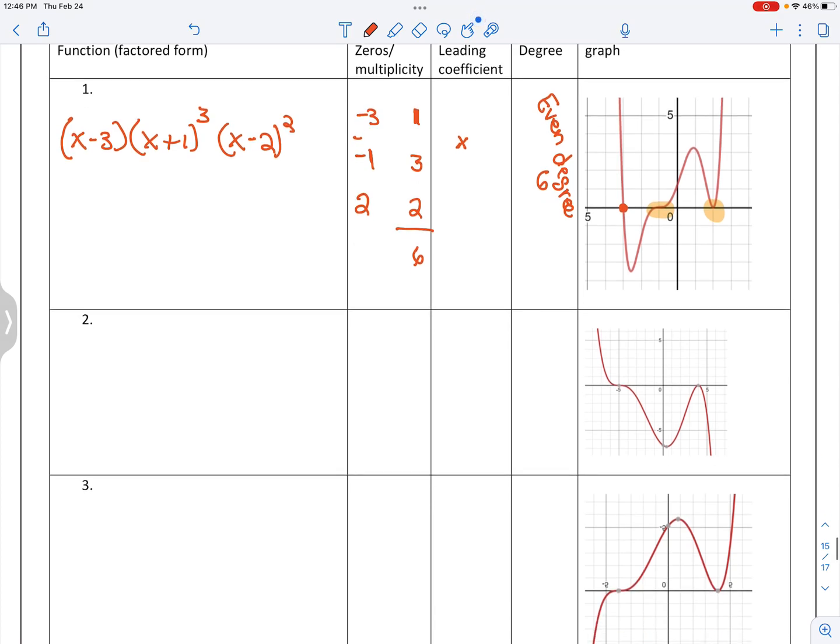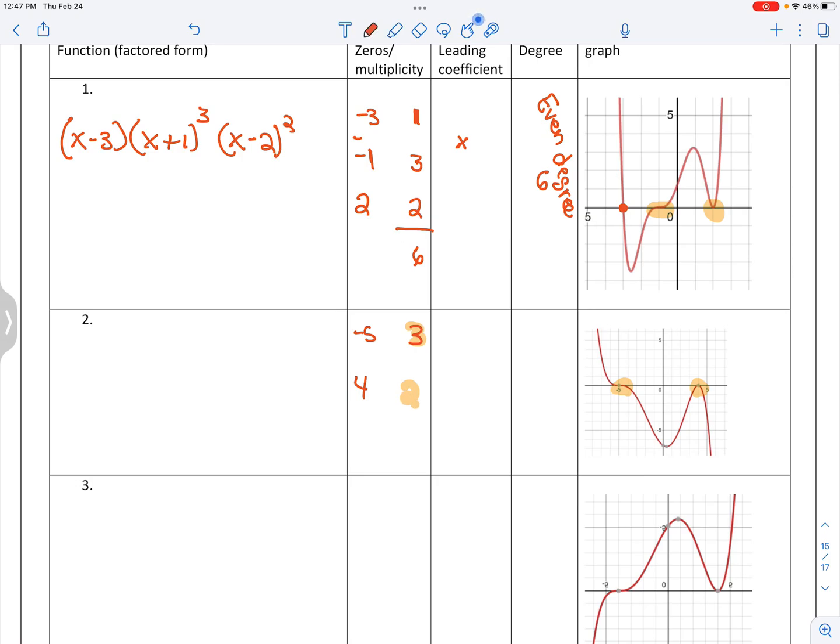All right, in the next one, we have a 0 at -5, and we have a 0 at 4. Notice the 0 at -5. Again, it slows down a little bit, so that tells me there's some odd multiplicity there. So we're going to say that's 3. And then at 4, it bounced, so that means it has even multiplicity.